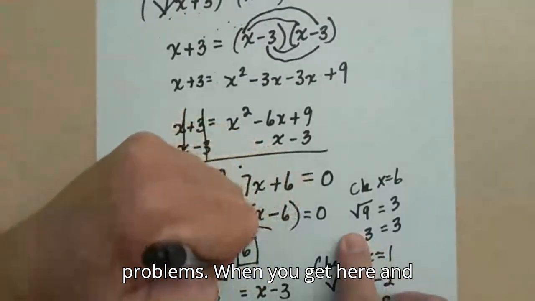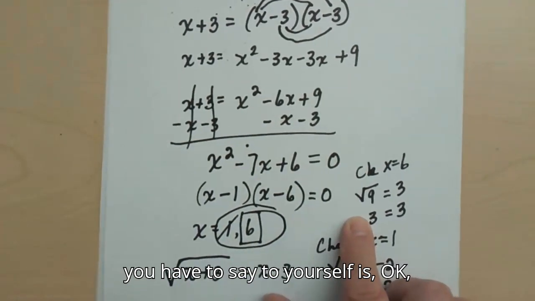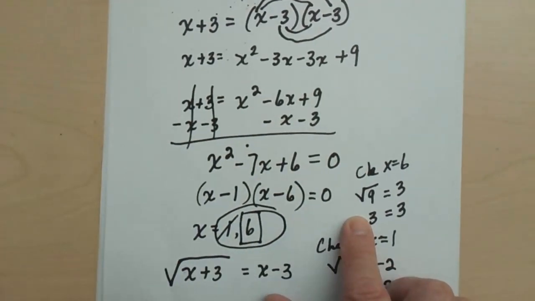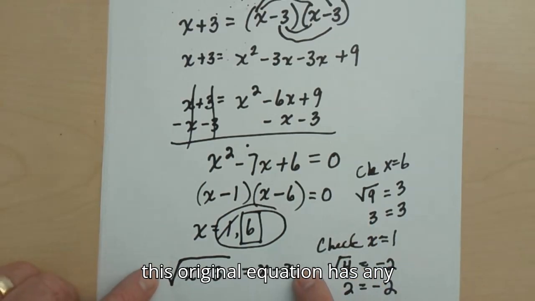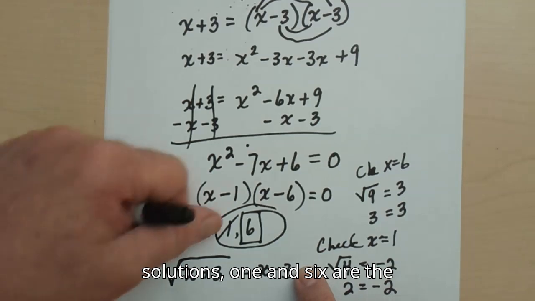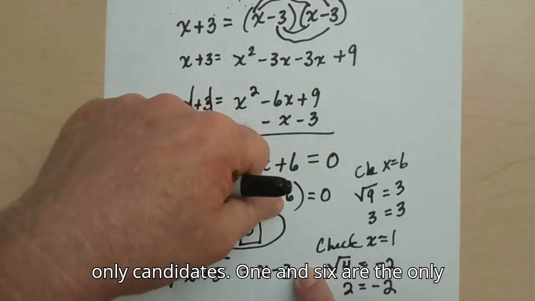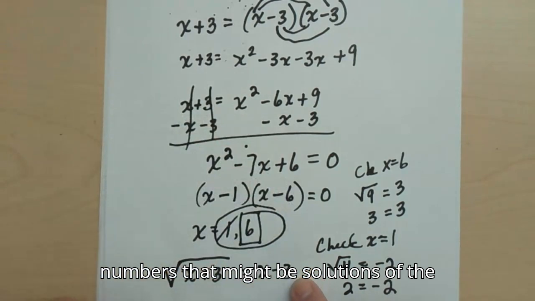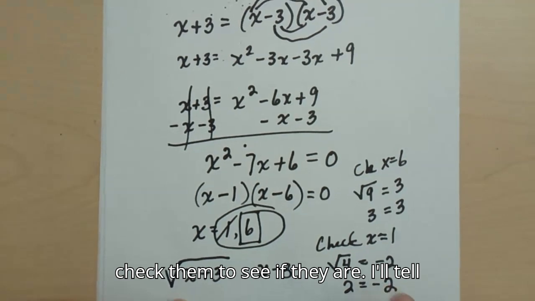When you get here and you get these numbers 1 and 6, what you have to say to yourself is, okay, what I have learned so far is if this original equation has any solutions, 1 and 6 are the only candidates. 1 and 6 are the only numbers that might be solutions of the original equation, but you still have to check them to see if they are.